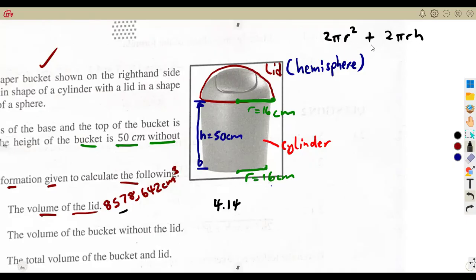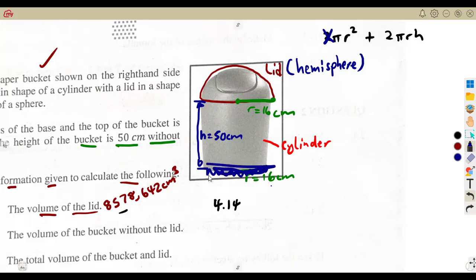But this time we cannot use this formula since the top is no longer open. It's not closed with a circle. No, it is closed with a hemisphere. So we cannot use 2 pi r squared. We are going to use pi r squared only for the base.